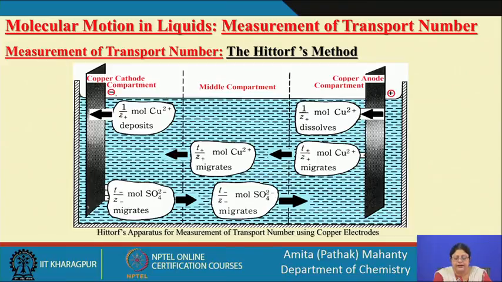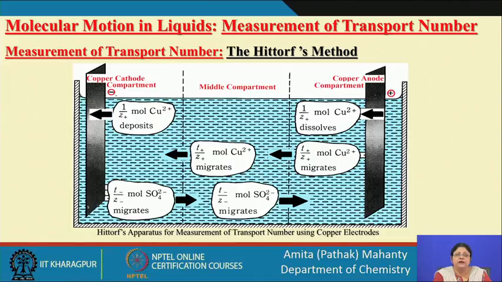And what happens to the anion? You have a copper sulphate system where you have copper 2 plus ions and the sulphate ions. Now, the copper is getting deposited. So, we have to maintain the charge neutrality.